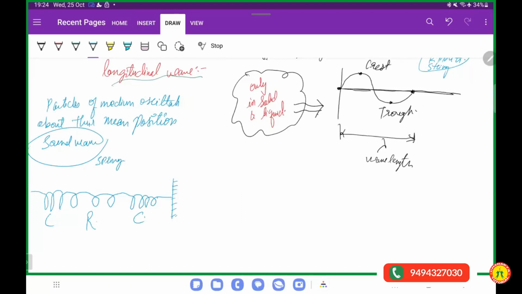This is a compression, then there is rarefaction. Compression and rarefaction. This can travel through all the mediums: liquid, solid, and gas.